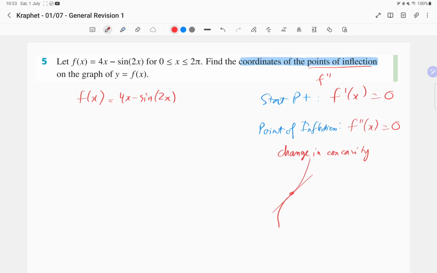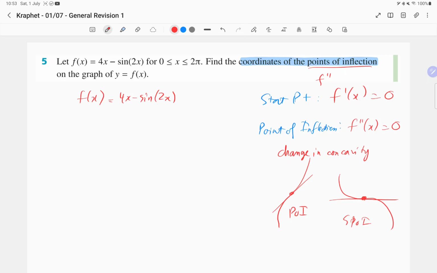The stationary point of inflection is where the gradient is horizontal at that point, and if it was concave up before, it has to be concave down after. So this is the stationary point of inflection, and this is a normal point of inflection. Okay, so that's a quick recap.